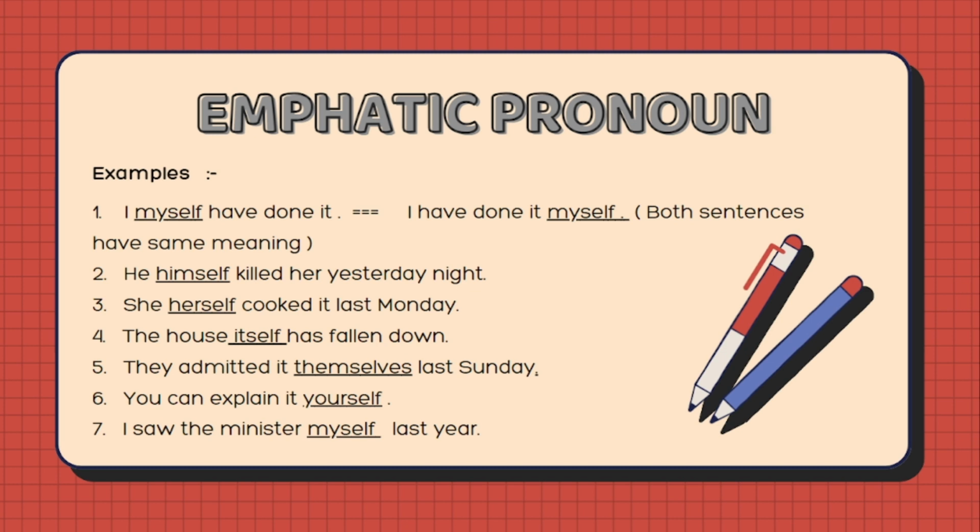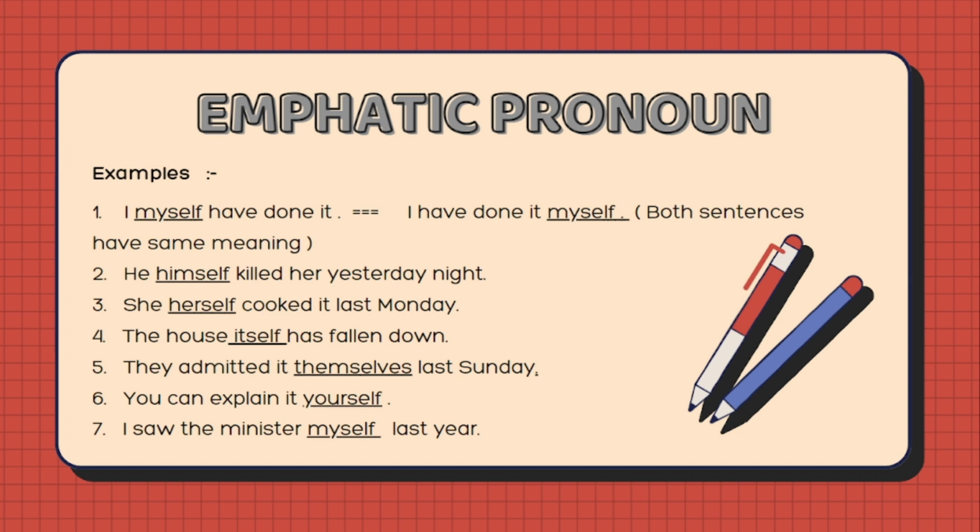In this sentence, the self form himself is written immediately after the subject he. It indicates that the action is expressed with a lot of force, or the action is stressed, or the action is given a special importance.